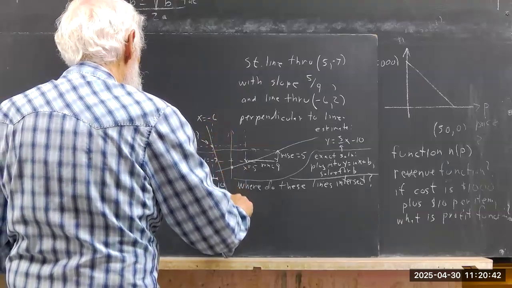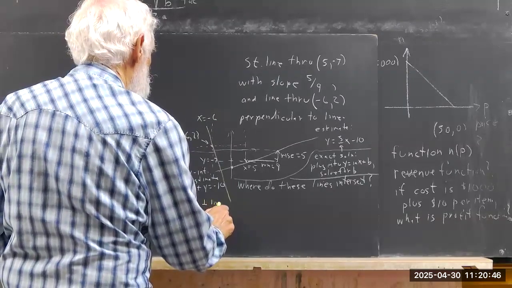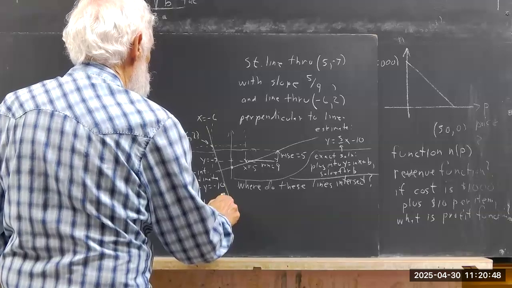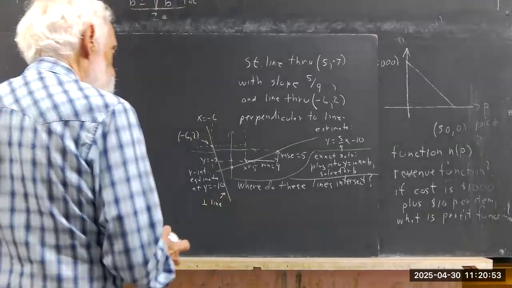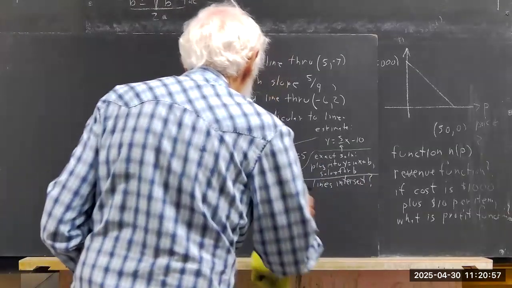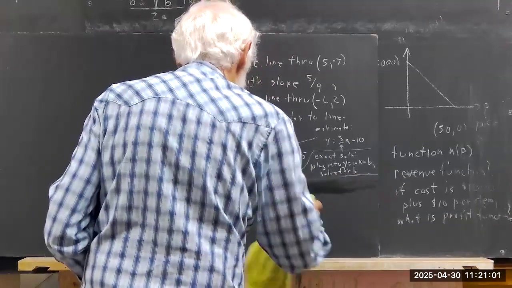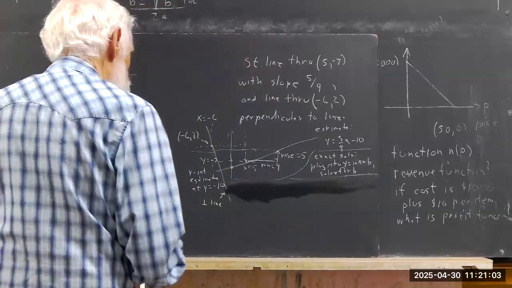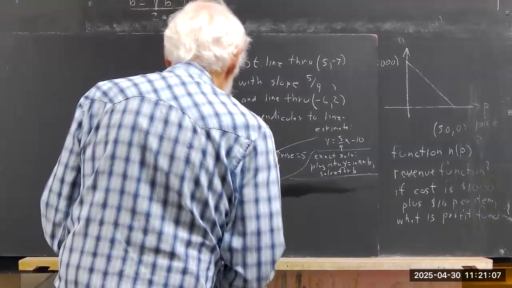So a perpendicular line. Now, the question, where do these lines intersect? I have to repeat that somewhere else because I'm going to need this space. Sketching, which is what you do with this stuff.